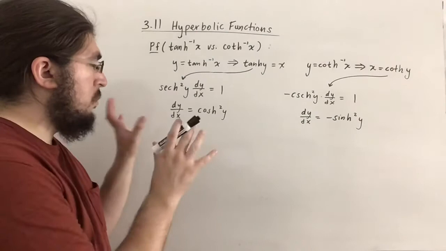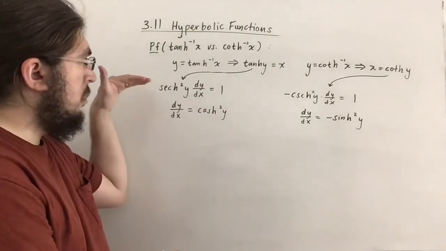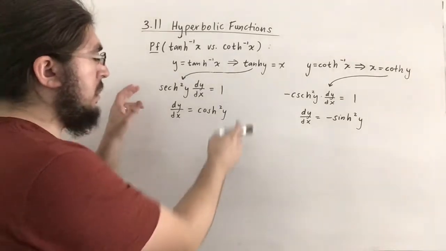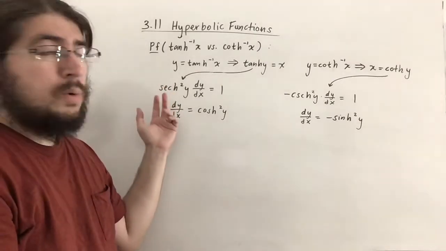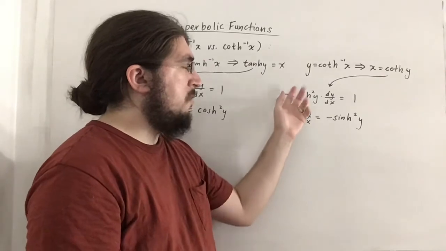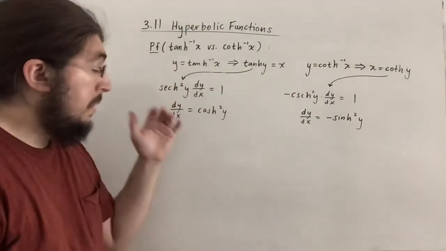So we see the same things we saw from the previous one. What we end up with for both of these is this. All I'm doing here is multiplying both sides by cosine hyperbolic squared, because since this is really 1 over cosh squared, we can multiply it to the other side. Similarly, since this is negative 1 over sinh squared of y, we can multiply that to both sides. So that's what I get here.